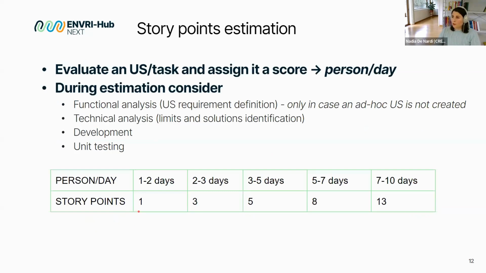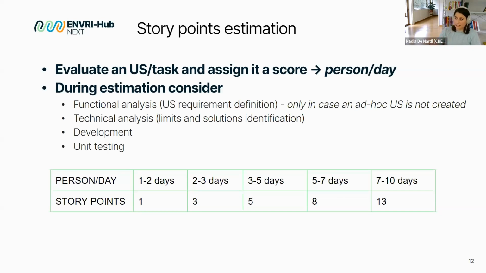Then, yeah, we go to story points estimation, which is another attribute of the ticket. So how can we evaluate the weight of our activity? We will evaluate it by estimating it via person days, okay? So how many days it will take to be completed.